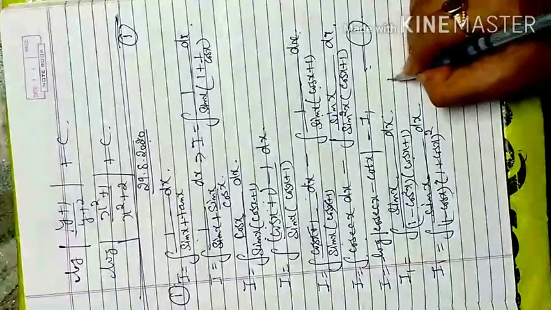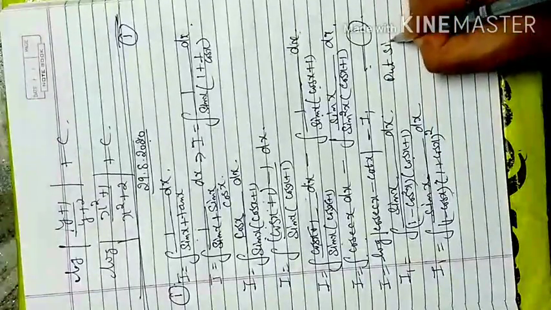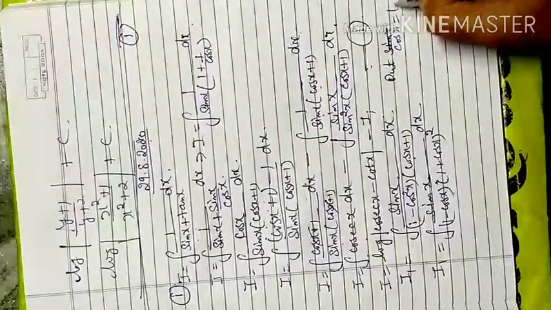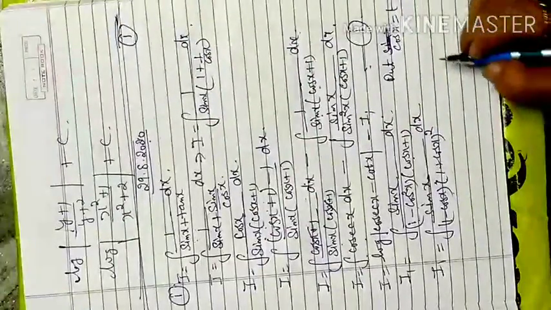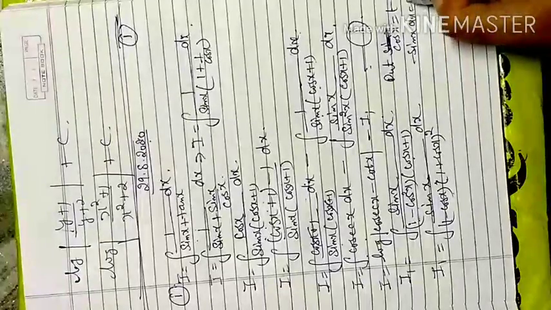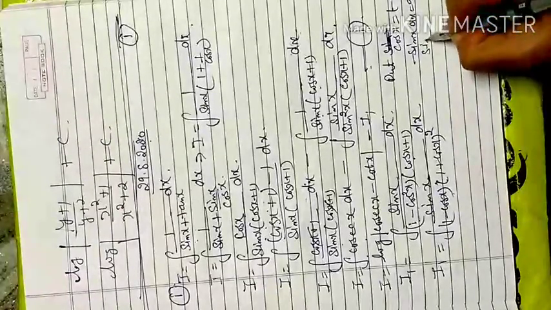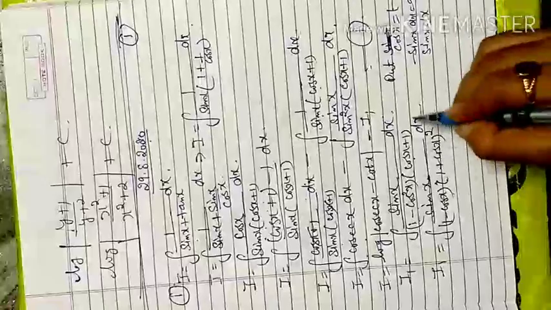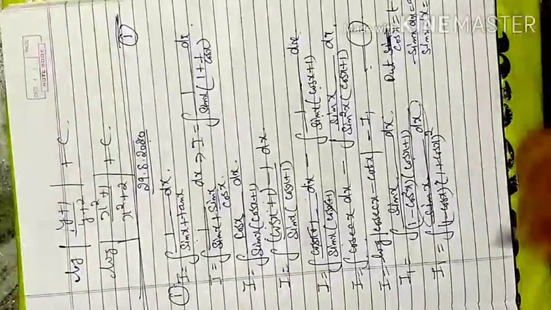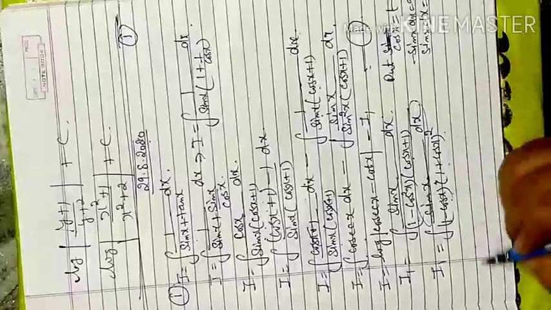Now I consider sin x as t, sorry, cos x, the denominator, cos x is equal to t, and the differentiation of cos x is minus sin x dx equal to dt, and this sin x dx in the numerator changes to minus dt, with 1 minus t and 1 plus t whole square.